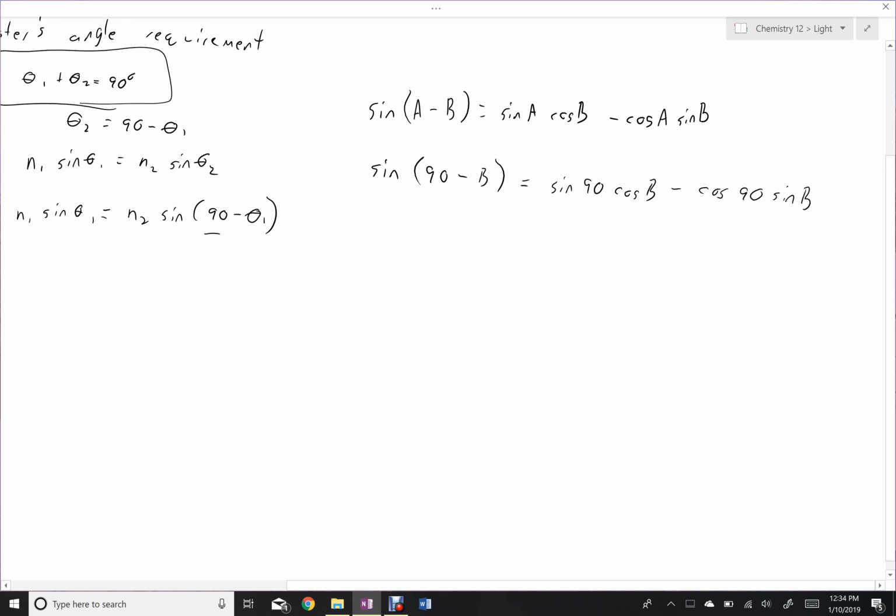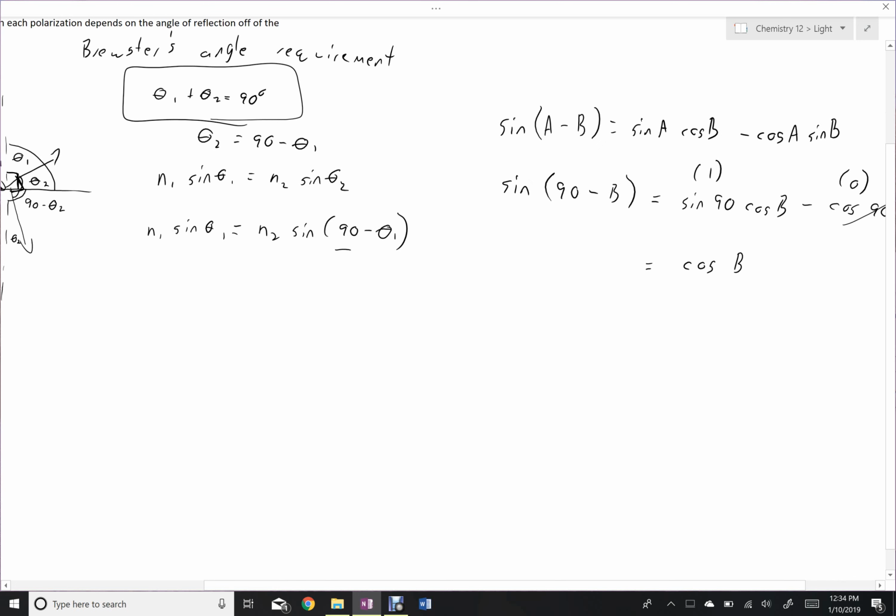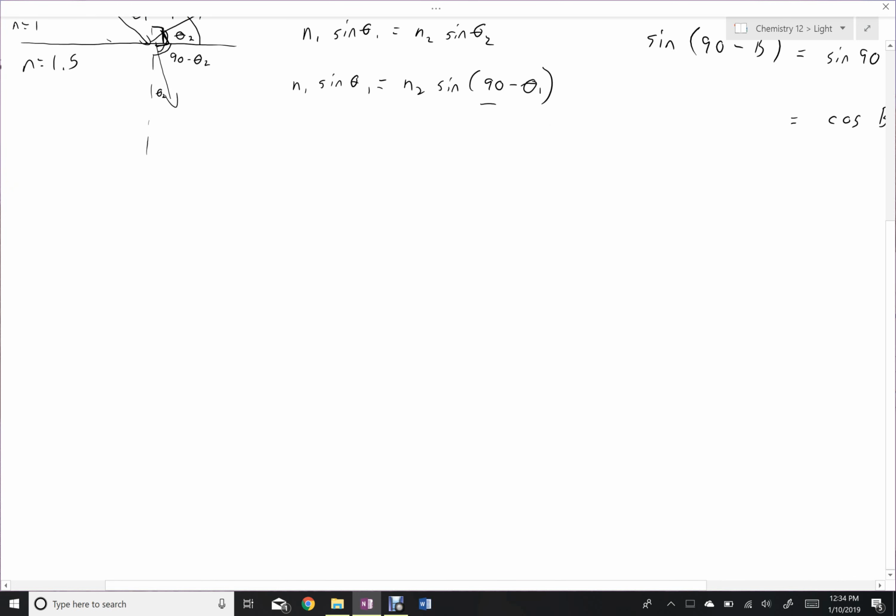So what's nice here is I know that the cos of 90 is 0 and the sine of 90 is 1, so this whole expression just simplifies down to cos B because the other term goes away. With that in hand, I can go back over here. I guess you probably could also, instead of using the trig identity, just recognize that this represents a horizontal shift of the sine function.